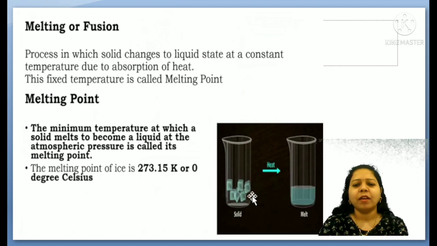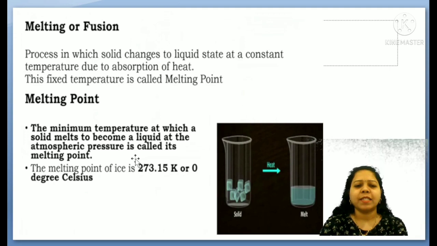For example, if we take ice in a beaker and give heat to this ice, it absorbs some amount of heat and melts into water, and that temperature is known as its melting point. Melting point: the minimum temperature at which a solid melts to become a liquid at atmospheric pressure is called its melting point.